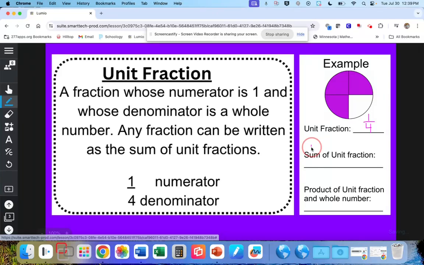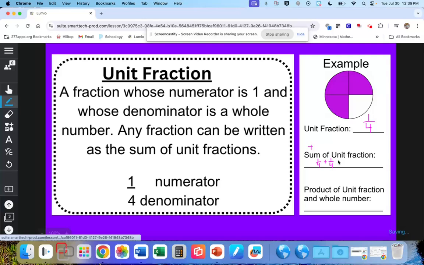Sum means addition problem. So we want the sum of a unit fraction. If we're looking at this example, we're going to do the shaded part, the part in purple. So we're going to do 1/4 because that's our unit fraction, and we're going to add that together as many times as we see shaded.